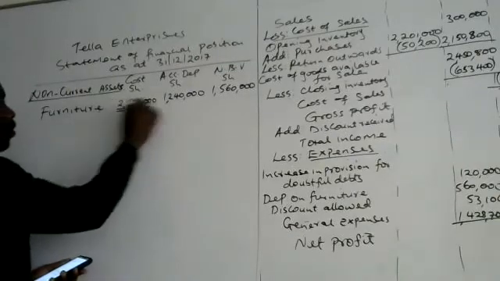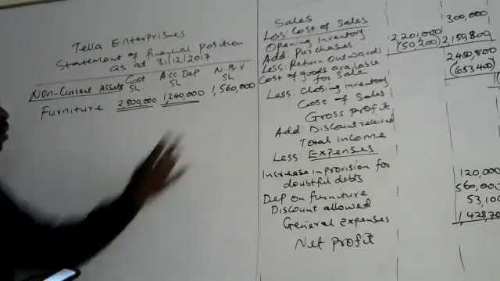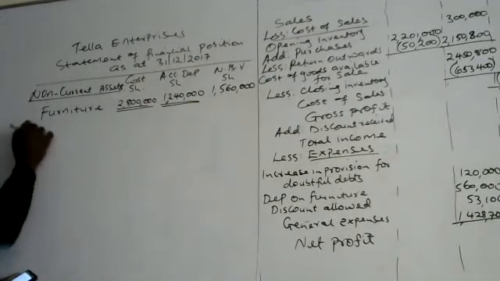So for this, we are not interested with those two columns. Our interest is on the net book value.